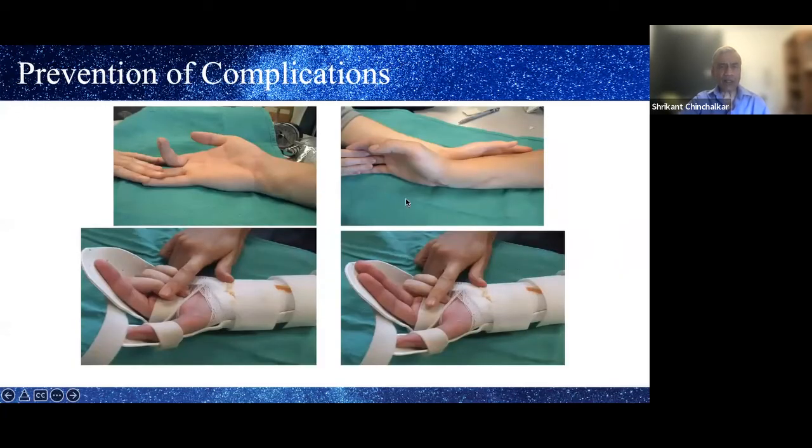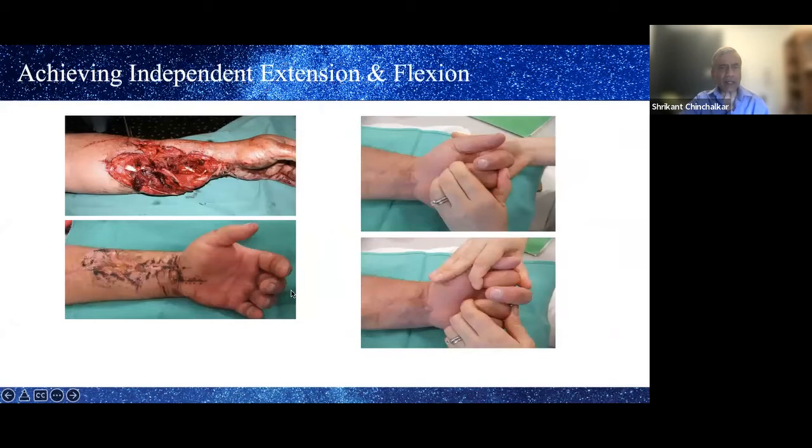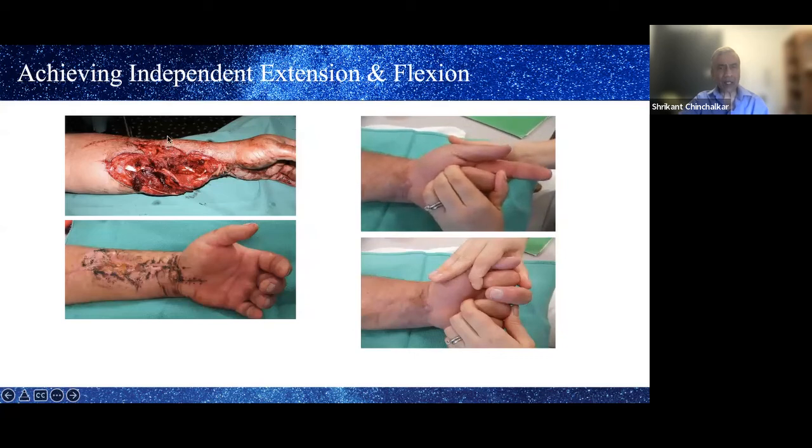However, we now focus on preventing these complications. As we saw earlier, if the patients have multiple flexor tendon repairs, we encourage patients to perform one finger extension at a time, as you see right here, and one finger flexion at a time. So here is a patient who had multiple tendon transections, and he also had a distal radial nerve fracture.